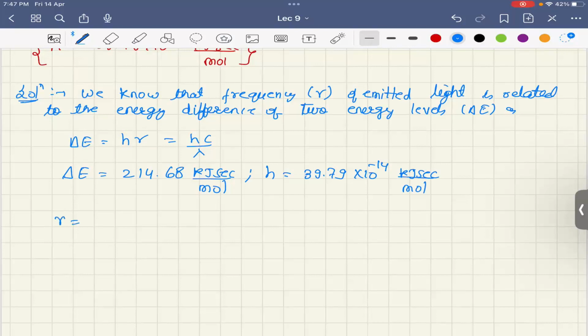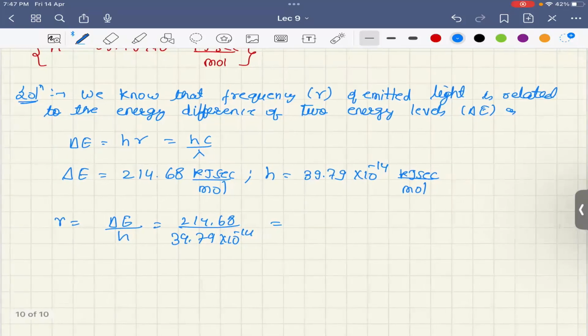Hence nu is nothing but delta E by h, which is 214.68 divided by 39.79 × 10^-14, which is nothing but 5.39 × 10^14 second inverse.